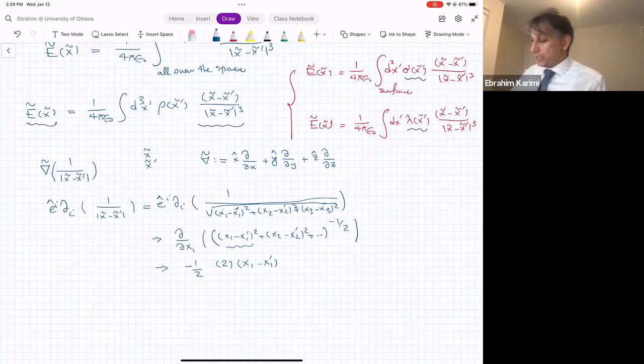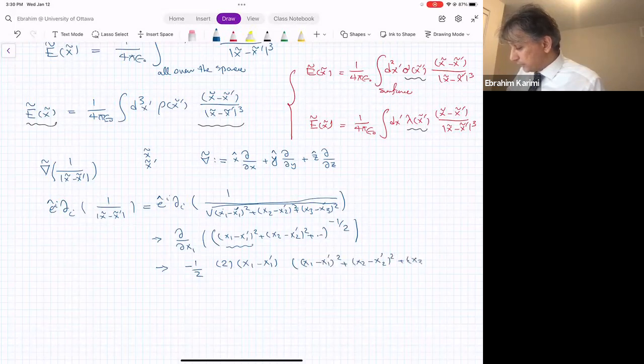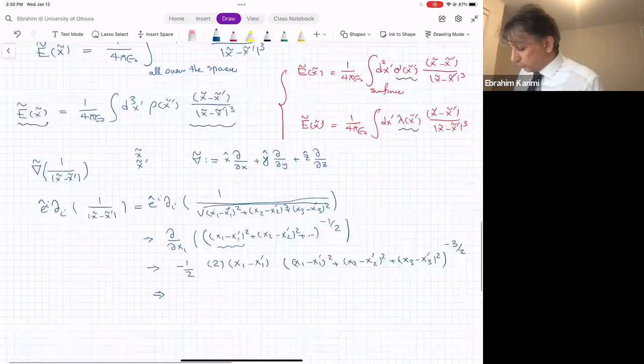Then multiply by exactly the same argument to the power of minus 1, so it will be (x1 minus x1 prime)^2 plus (x2 minus x2 prime)^2 plus (x3 minus x3 prime)^2, to the power of minus 1/2 minus 1, that will be minus 3 divided by 2. So that will be simplified and will be given by minus (x1 minus x1 prime) times 1 divided by |x minus x prime| to the power of 3.